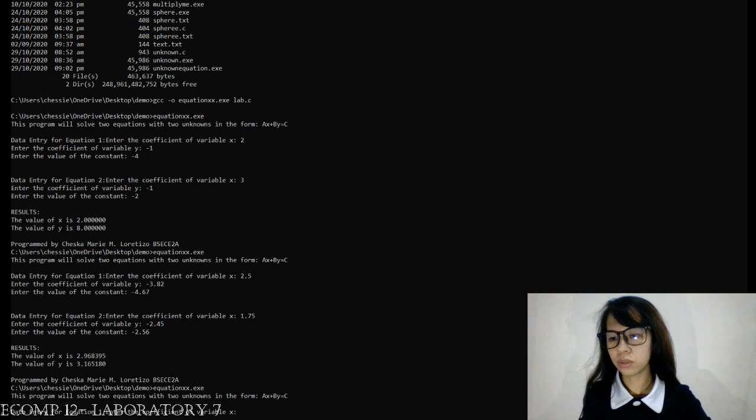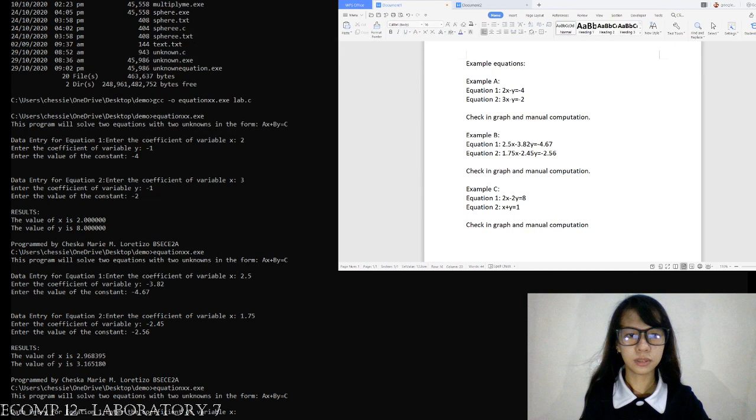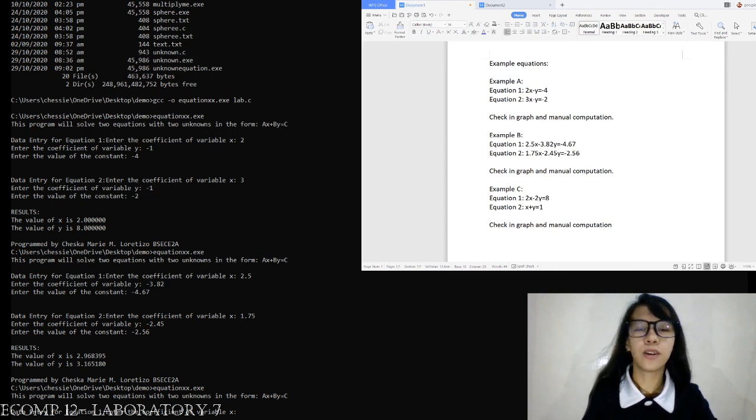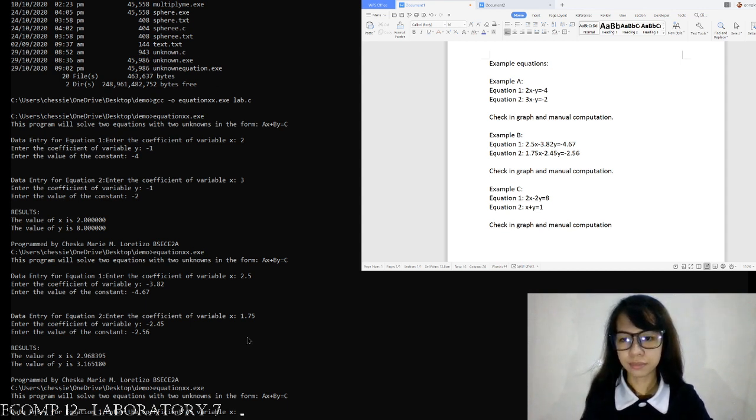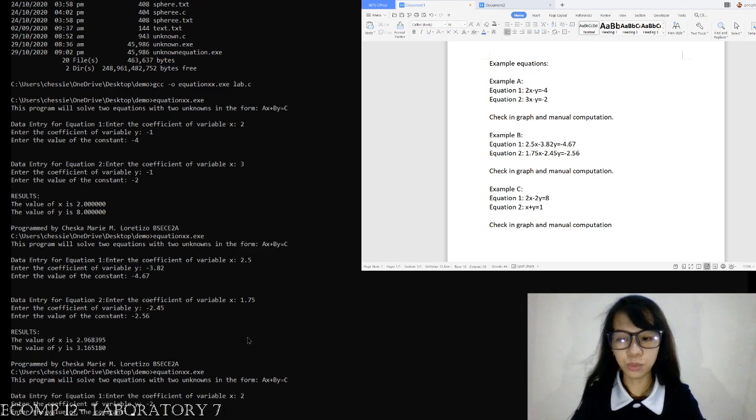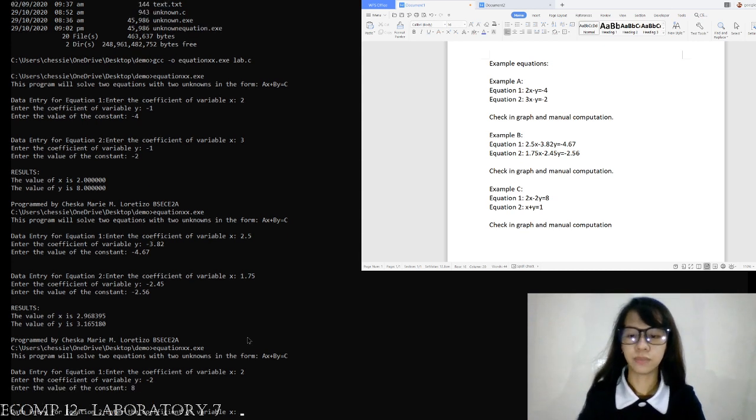Now we are going to preview the document for example C. I'm going to show you guys. There you go. In example C, in equation 1, the numerical coefficient is 2 for x, negative 2 for y, and 8 for the constant. And now we are going to enter it. For x, it's 2. For y, negative 2. And for the constant is 8. Now let's proceed to equation number 2.